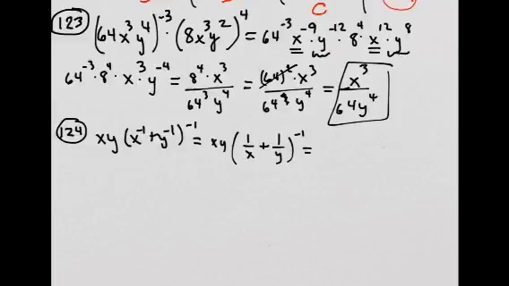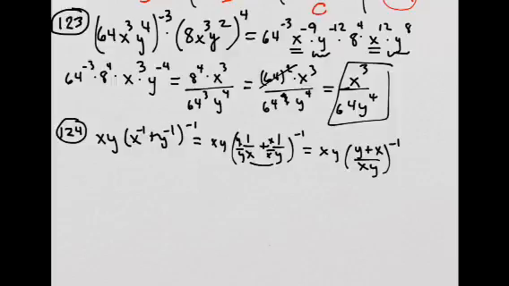Common denominator here is xy. So to get a common denominator, I need y over y, and this one x over x. So I get y plus x over xy, to the -1.